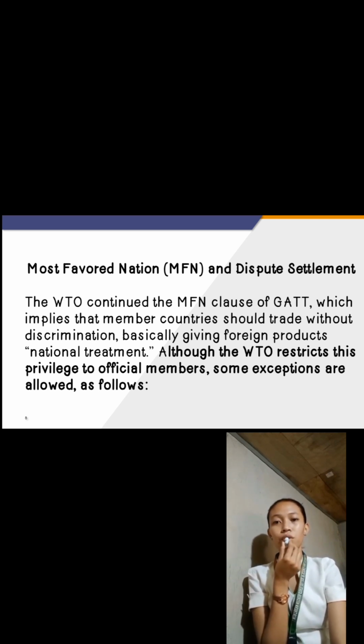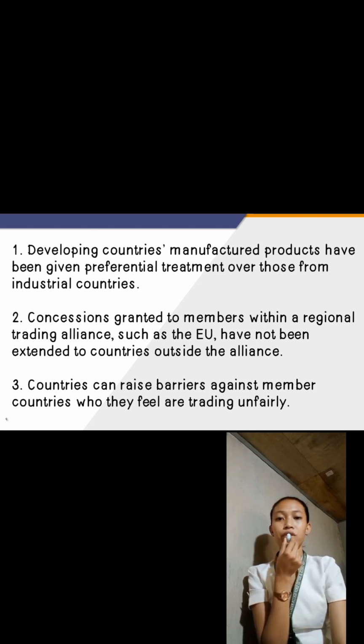The WTO continued the MFN under the GATT, which implements that member countries must trade without discrimination or give national treatment to foreign products. Although the WTO has restrictions on official members, there are exceptions they allow. First, developing countries' manufactured products have been given preferential treatment over those from industrial countries.